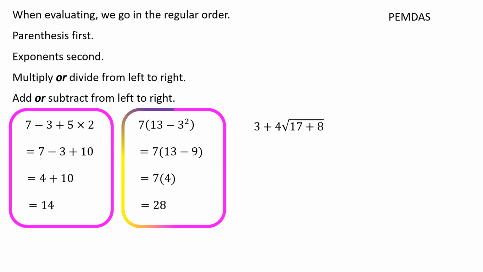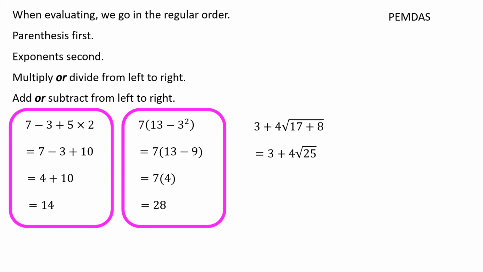Our third and final example. Hey, look at that set of parentheses. If you're like, hey, I don't see parentheses, well, they're there, right? Square root symbol acts as a grouping symbol. In other words, it's a form of parentheses. So I have to do inside the parentheses first, or inside the square root symbol first. So 17 plus 8 is 25.